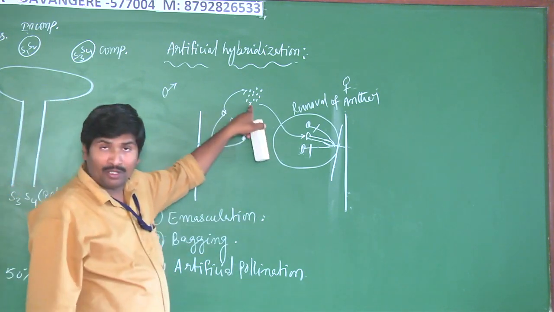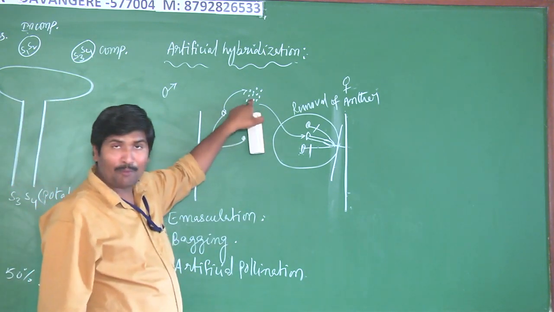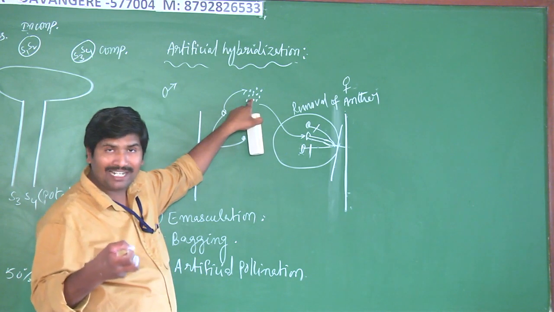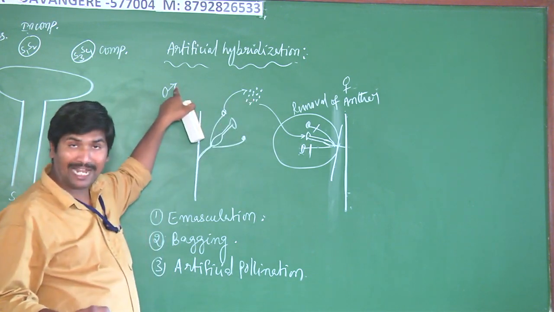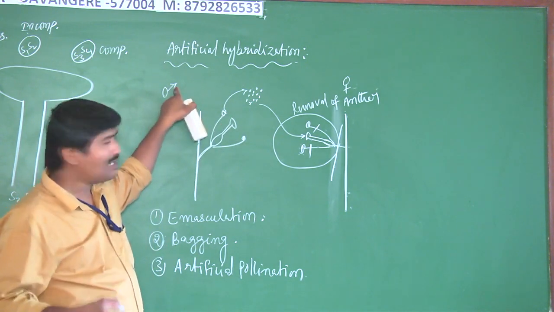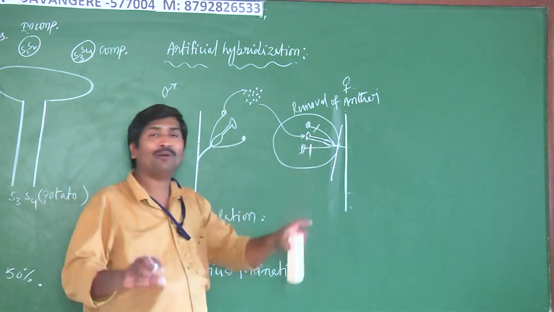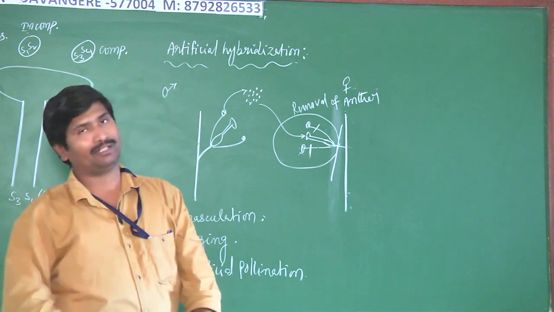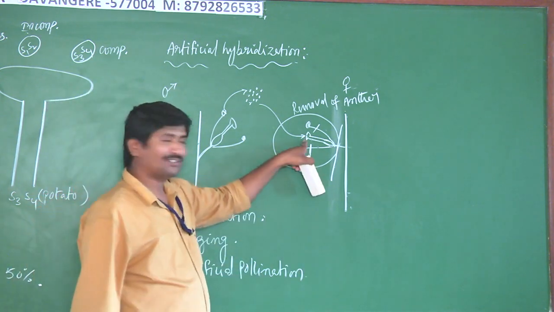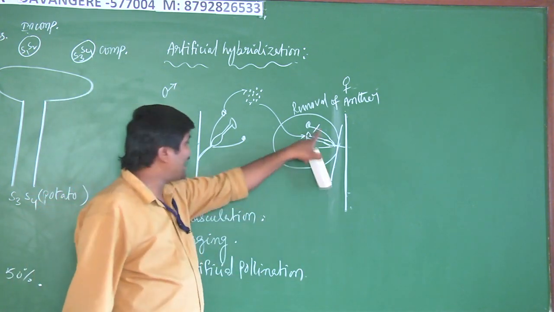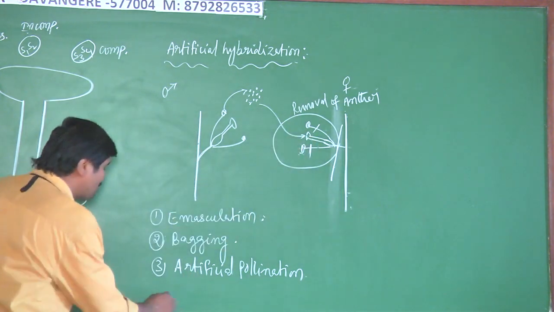The desirable pollen grains are collected from the male parental plant and dusted on the stigmatic lobe of the emasculated flower. And then, here, rebagging.